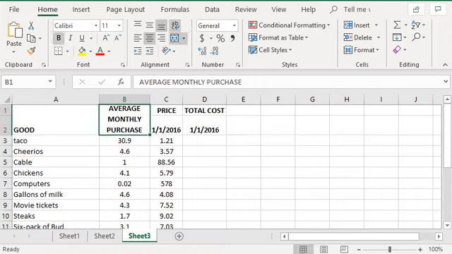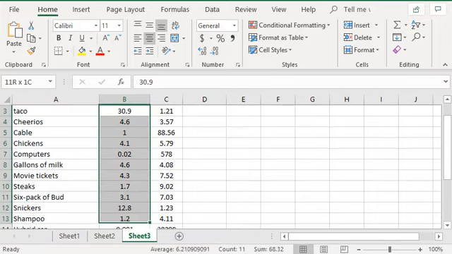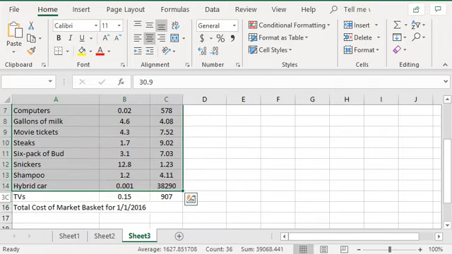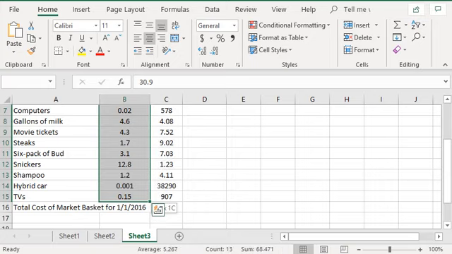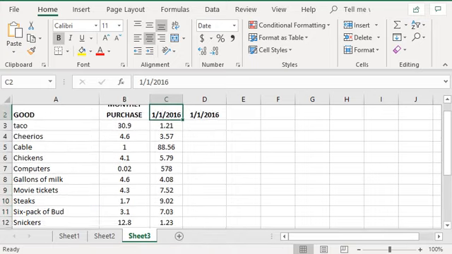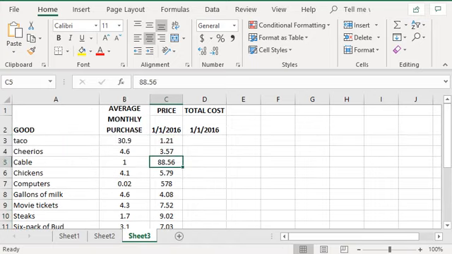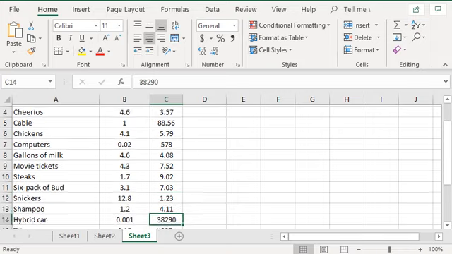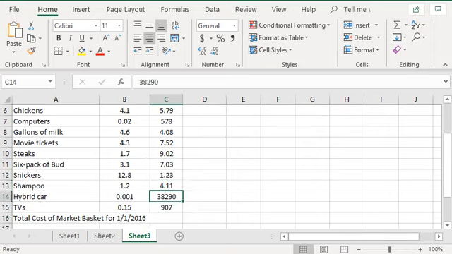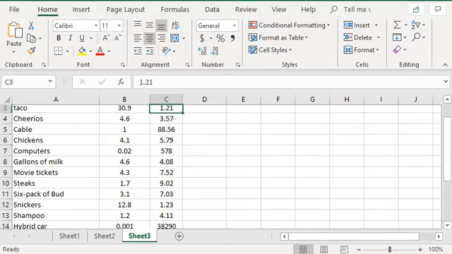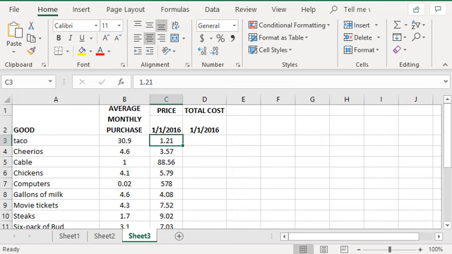So the quantities are held constant, but the prices vary from month to month because the government in this particular country is sending out an army of price checkers who gather prices and then average those prices across the country.